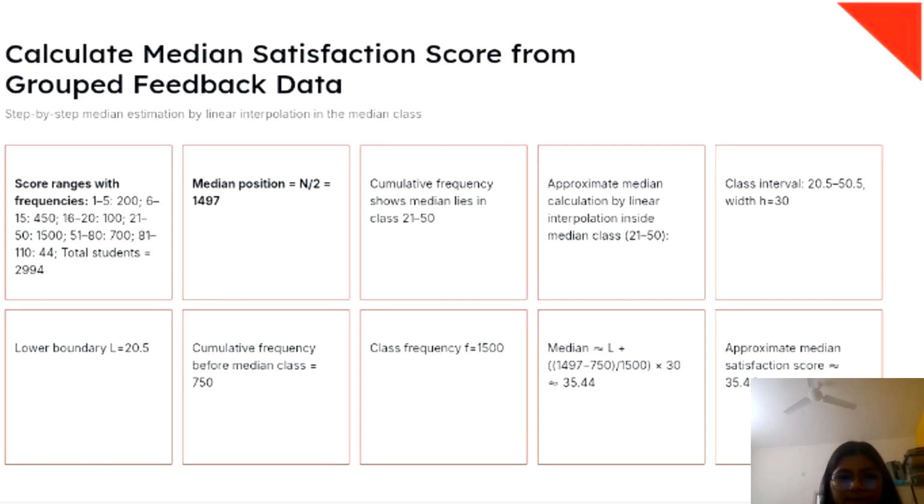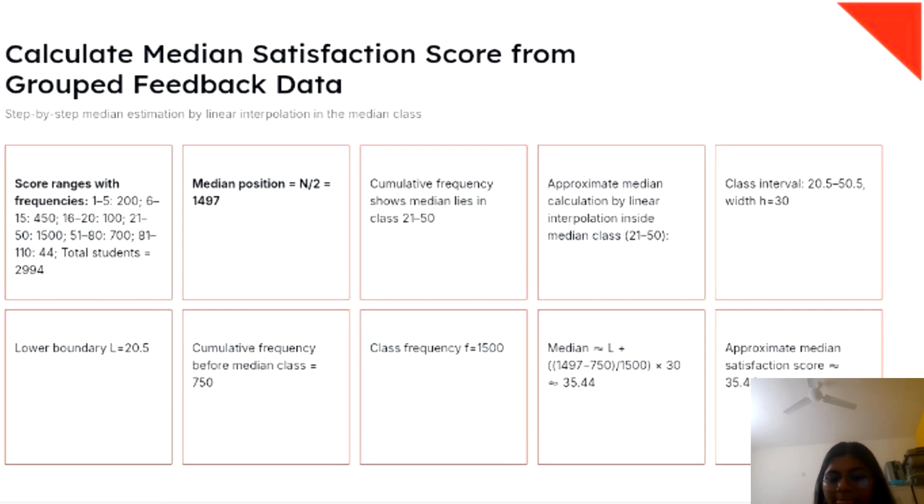class 21 to 50, approximated by median calculation with linear interpolation inside the median class. The class interval is 20.5 to 50.5, width 30. Lower boundary is 20.5, cumulative frequency before the median class is 750, class frequency f is equal to 1500.